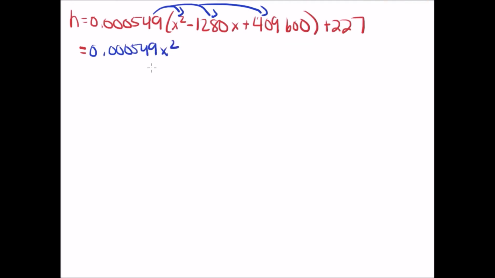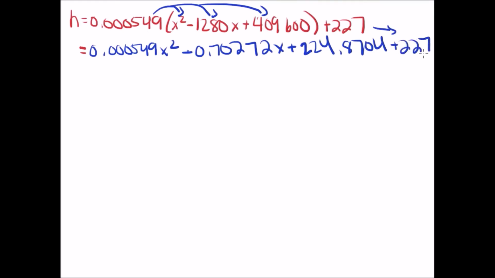So we have 0.000549x squared minus 0.70272x plus 224.8704, and then just bring that down, plus 227.